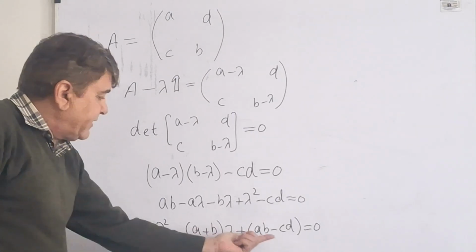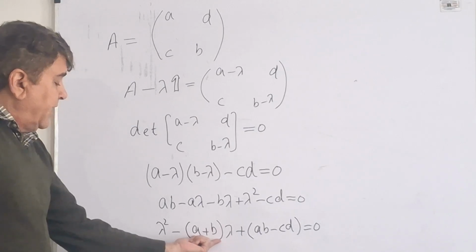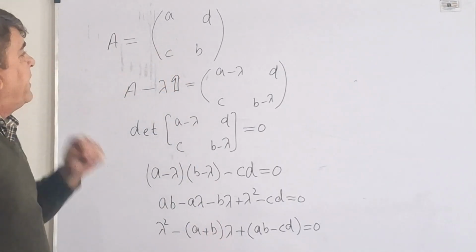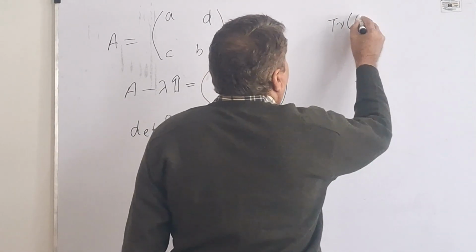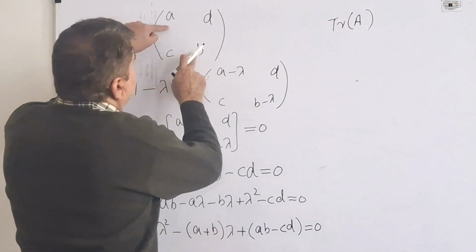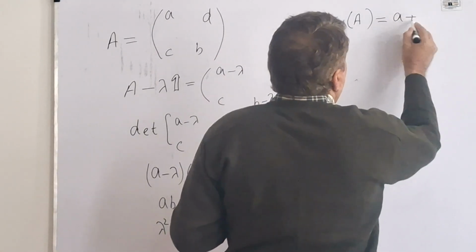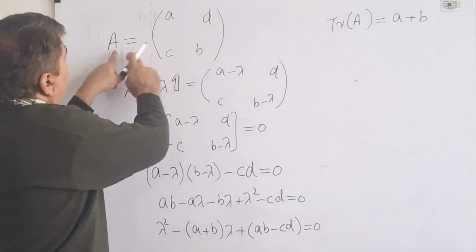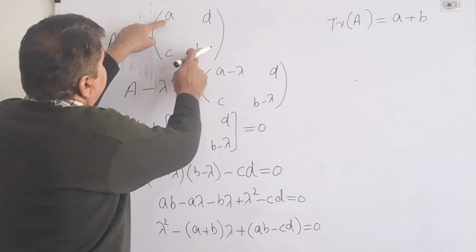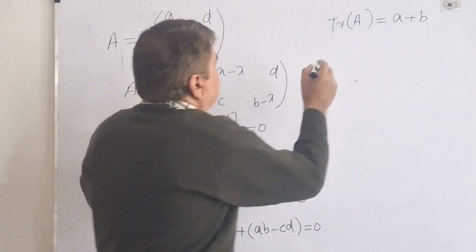This is in fact a quadratic equation in lambda, and this thing, if we look, is equal to the trace of matrix A. That is, we know that the trace of A is the sum of the diagonal terms, so the trace of A is in fact A plus D. And similarly, the determinant of A is the product of the diagonal terms minus the product of off diagonal terms.